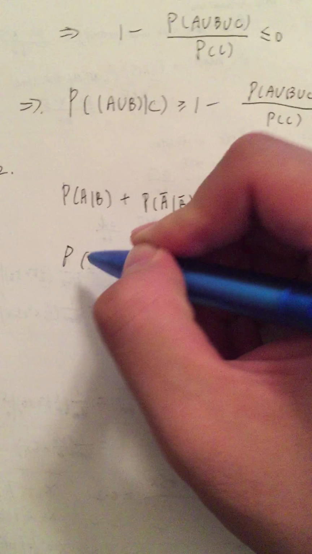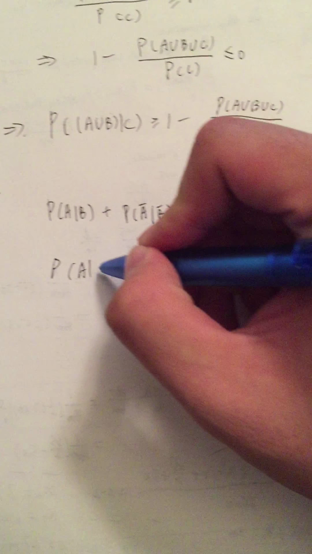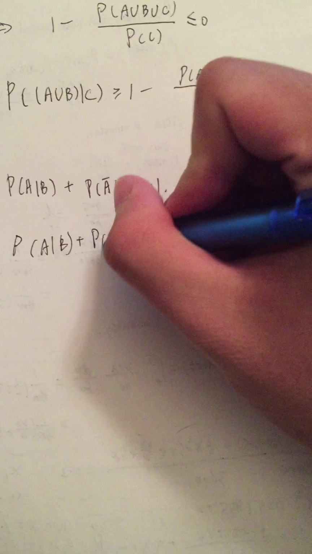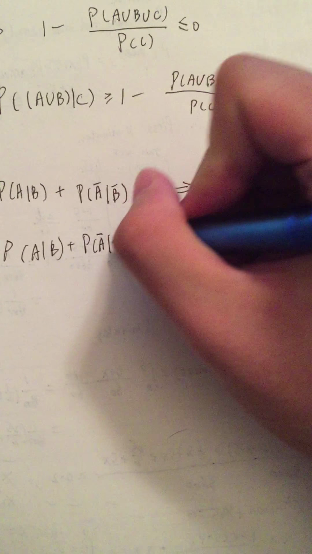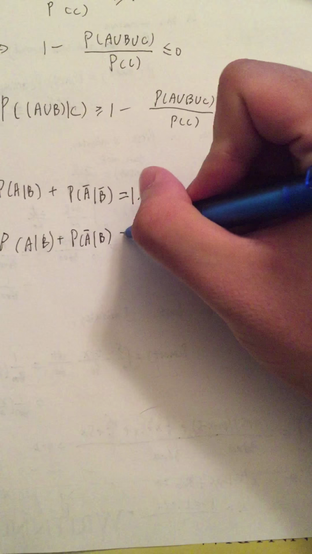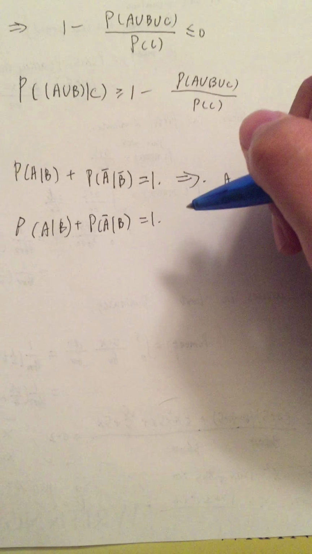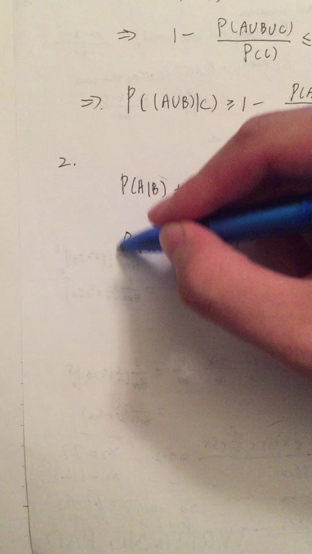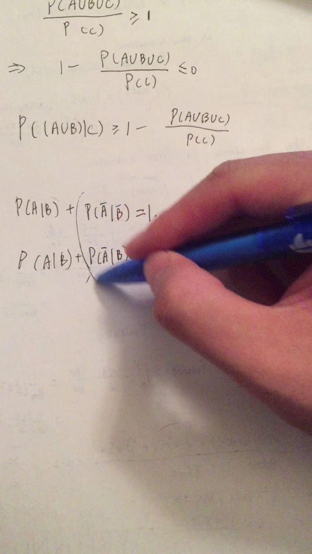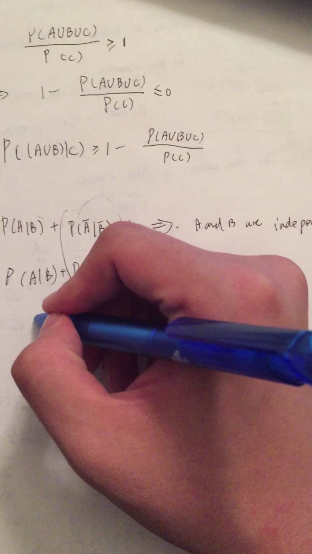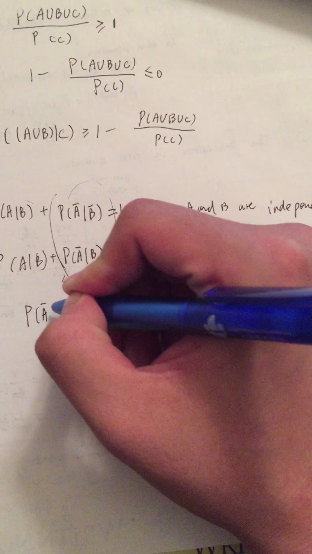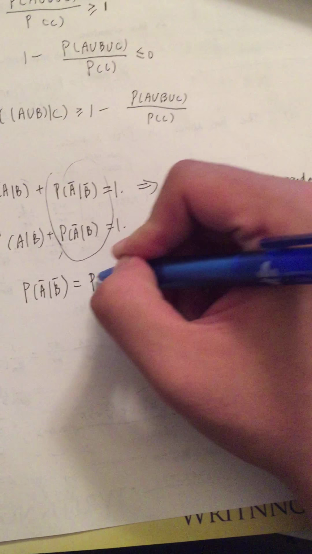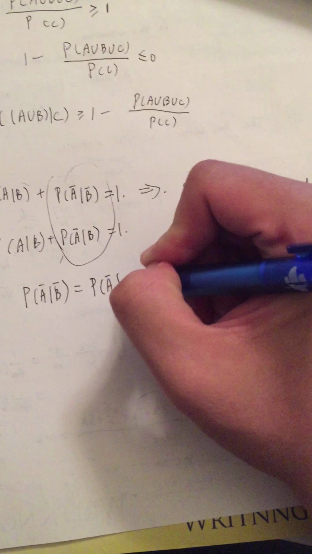Note that P(A given B) plus P(not A given B) is exactly 1. So this part they are equal. We get the conclusion that P(A given B) equals P(A given not B).